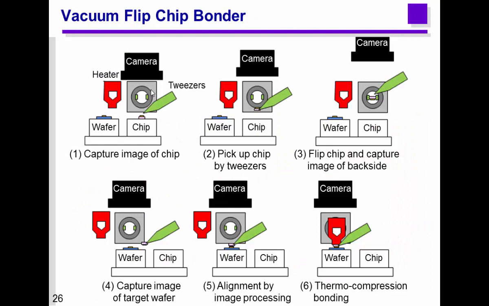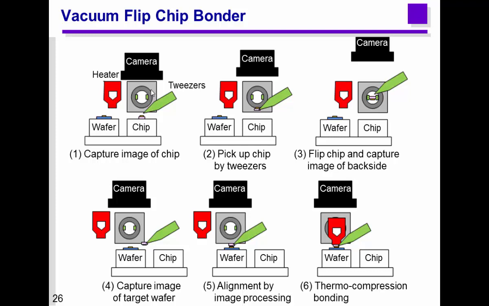And sometimes we want to integrate a device in a chip-to-wafer manner. This is almost similar to a conventional flip chip bonder. But the important point is that MEMS and resonating devices must be hermetically packaged, hopefully in vacuum. So a conventional flip chip bonder cannot be used. So this flip chip bonder works in vacuum.